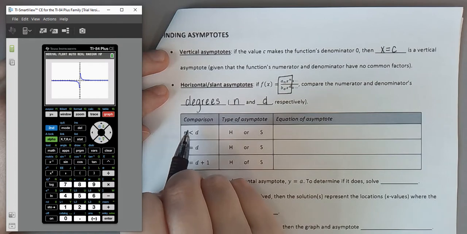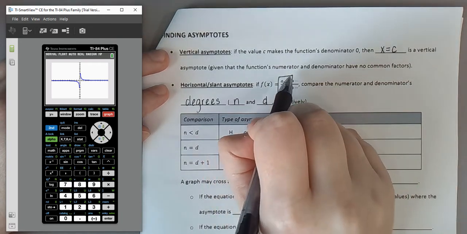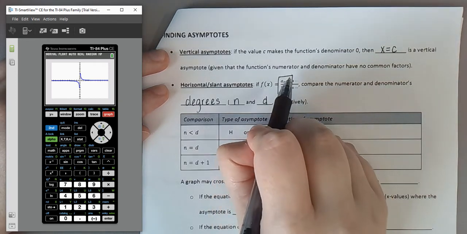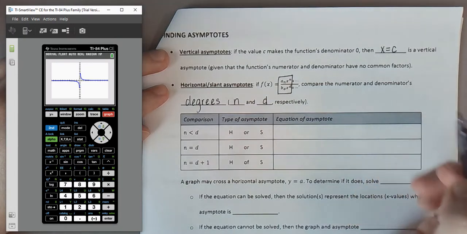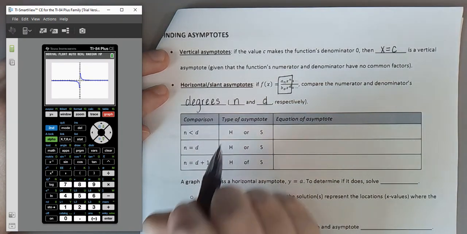So suppose the numerator's degree is smaller than the denominator's degree. That could look a variety of different ways. That could be something with an exponent of 1 over something with an exponent of 2. It could be an exponent of 1, an exponent of 3, 2 and 3, something like that. Anytime the numerator's degree is smaller than the denominator's.